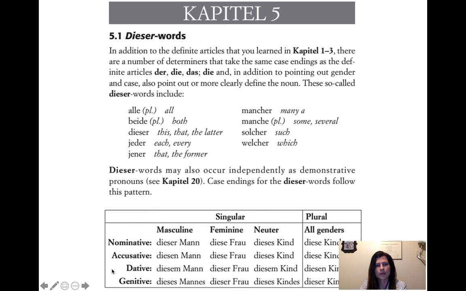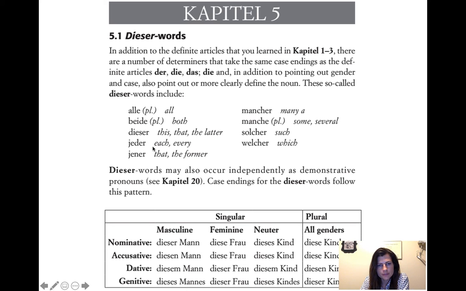Okay. So here we have some more diese words. We had alle just now, which means all, and then beides is very similar. It means both, but it's always going to be in the plural. So you don't have to ever really change those endings in the nominative anyway. But for example, in the dative, you would. And then we have diese, which is like the default one, the most common one.